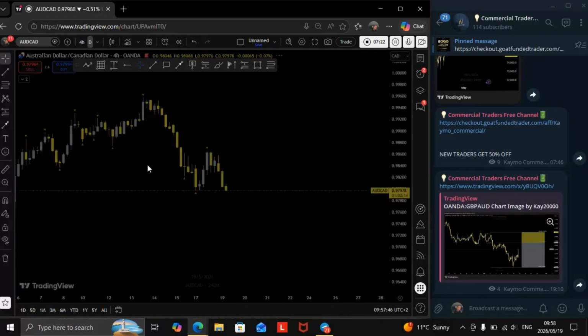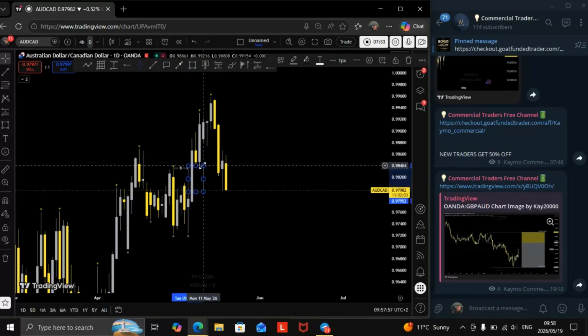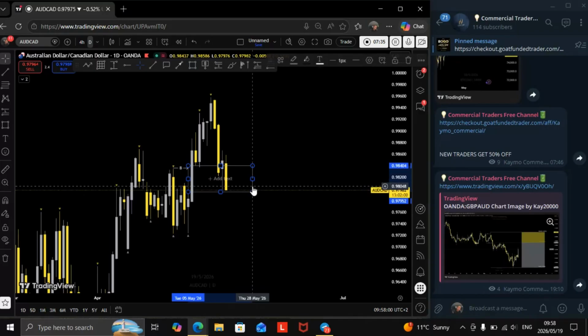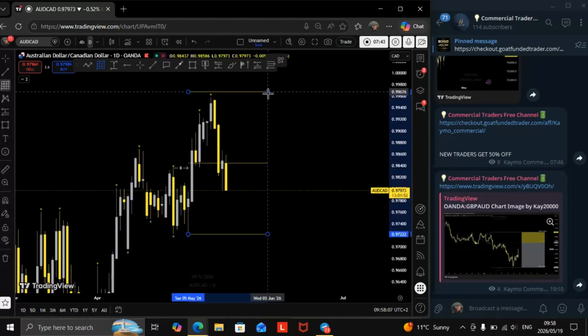So on the daily time frame, price was taken out here and we have a favorable gap imbalance, whatever you decide to call it, depending on the strategy that you're using, right? So right now price is currently at that zone, at that imbalance, and I can use this to check if we are in a discounted area.